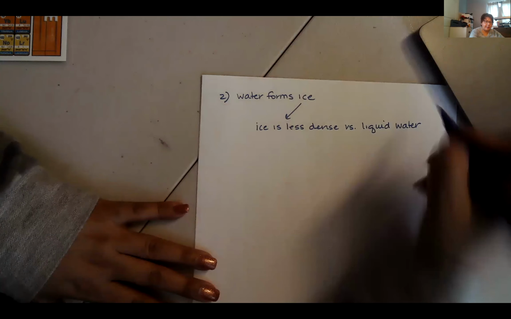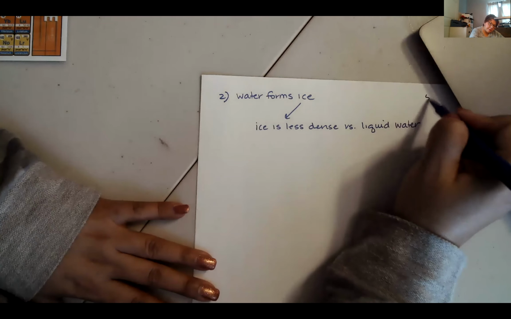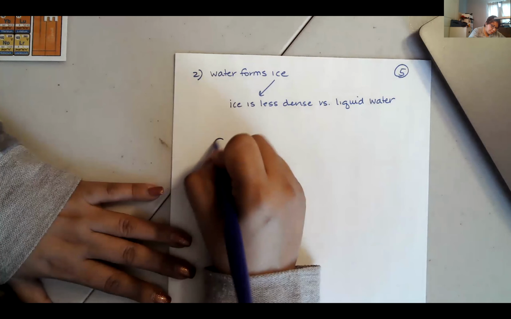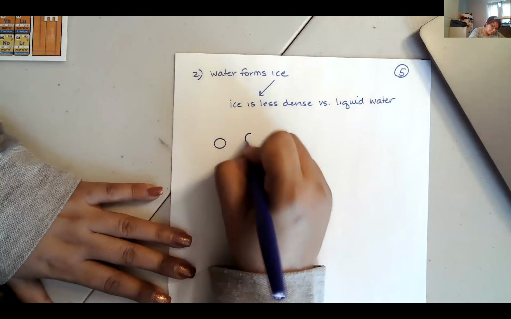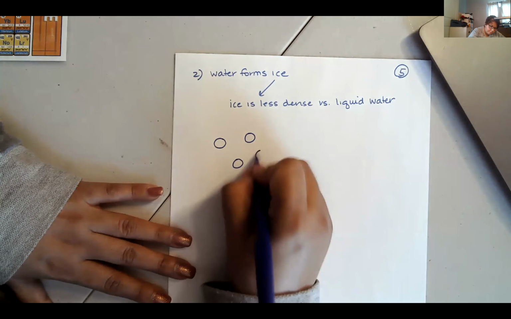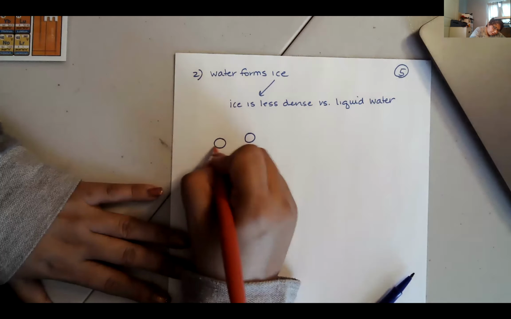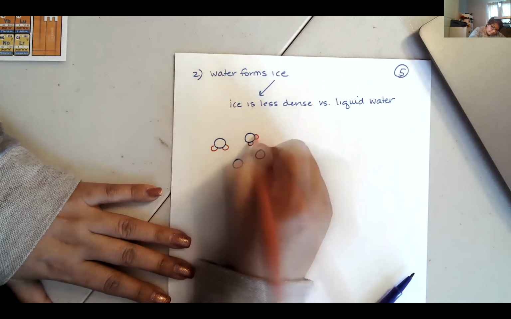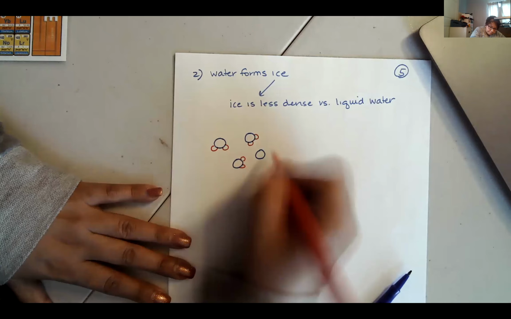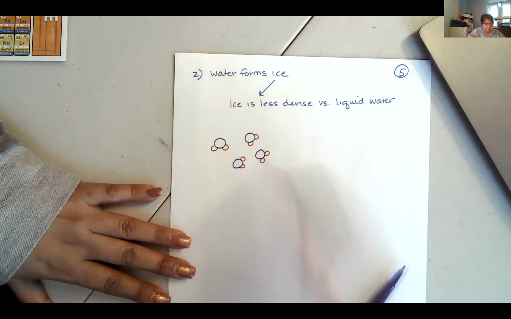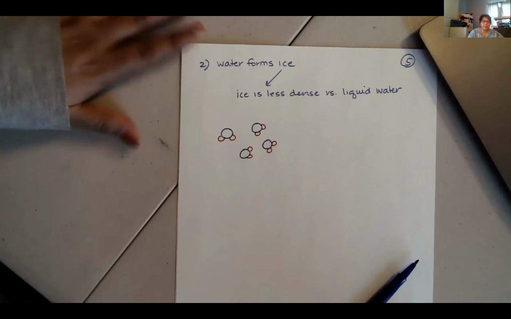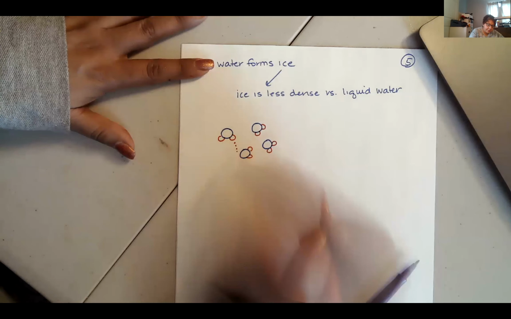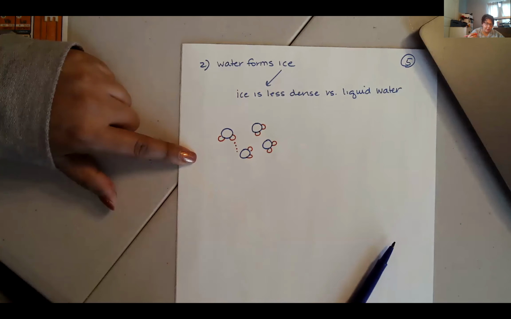Ice is less dense than liquid water. So here's what happens. When you have all these water molecules, and I'm drawing several of them here, the hydrogen in one water molecule is attracted to the oxygen in the other water molecule.